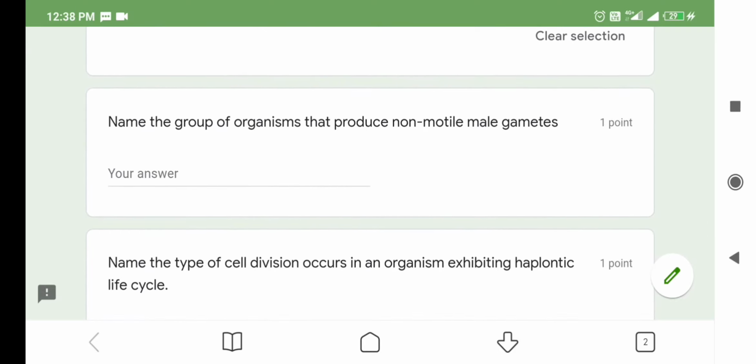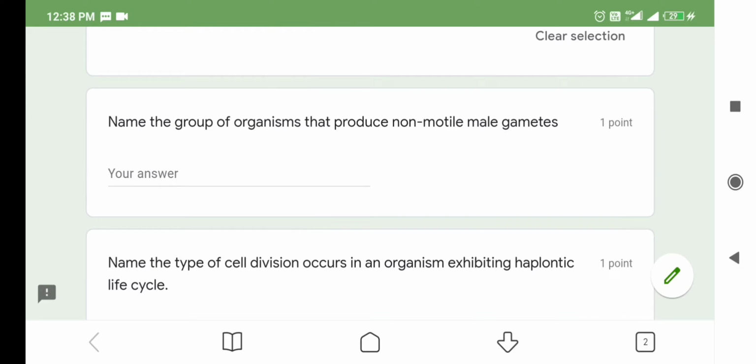Next question, name the group of organisms that produce non-motile male gametes. In some organisms, the male gametes are motile, in others they are non-motile.